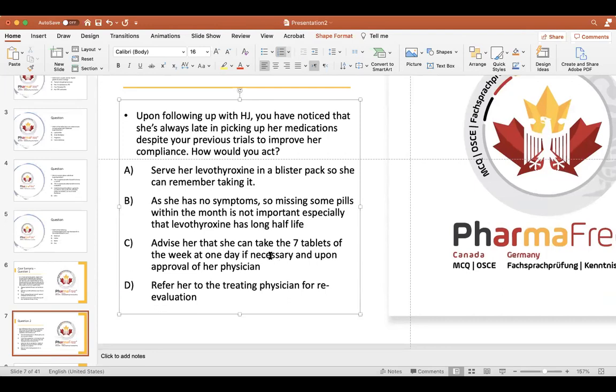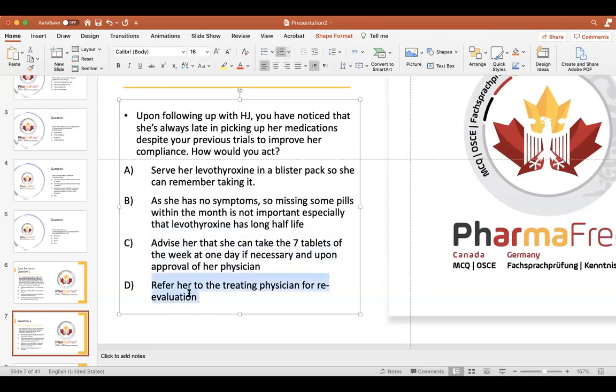Here you are advising the doctor and you facilitate the life of the patient. She will only take 7 tablets once per week, like every Thursday. So this could be a very effective approach, by the way.